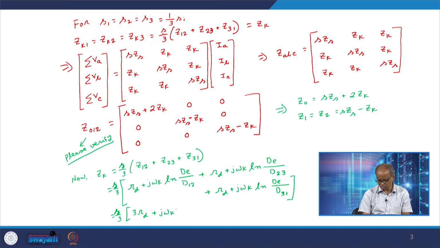If I take common, it becomes log dE by d12 plus log dE by d23 plus log dE by d31.